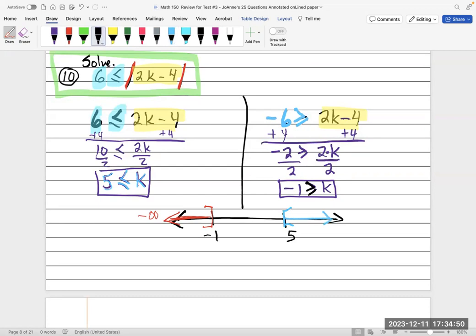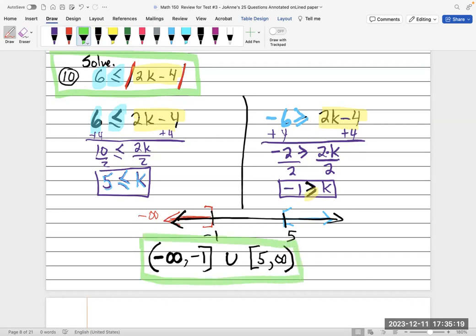So then my interval notation would be negative infinity to negative 1 with a bracket, parenthesis by the negative infinity, bracket by the negative 1, because there's an equal sign in my inequality. Or a number that's equal to 5, and then all of the numbers greater than 5. So there's my graph. There's my interval notation.